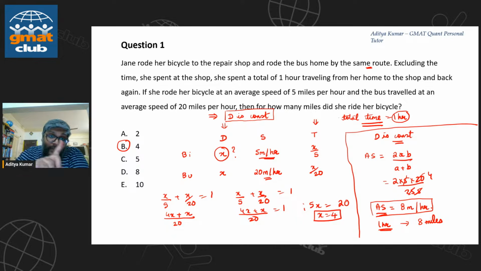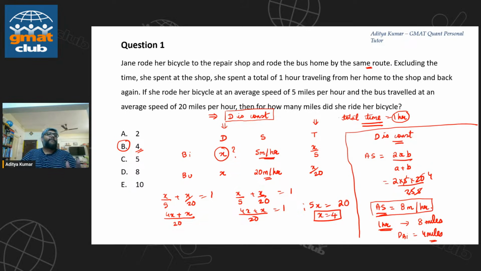She traveled from home to the repair shop and back home along the same road, because the distance is constant, and the total distance is 8 miles, then obviously the distance that she travels by bicycle has to be half of that, which is 4 miles. That is also another way you can work with it.